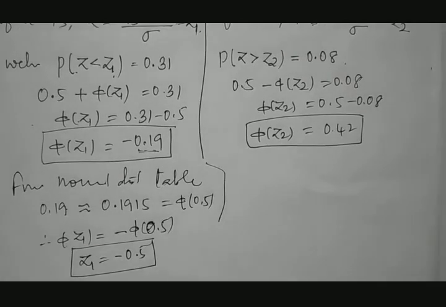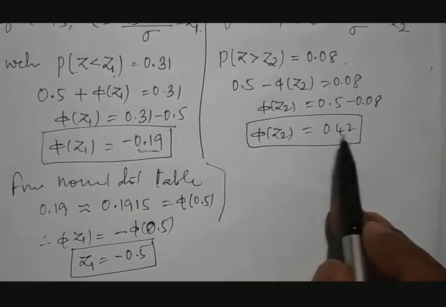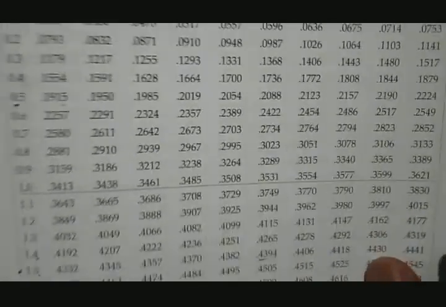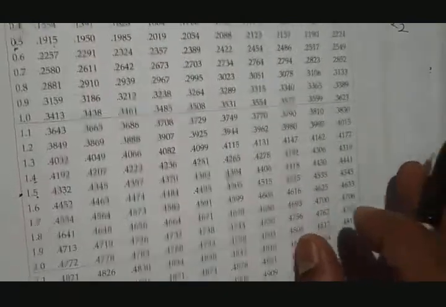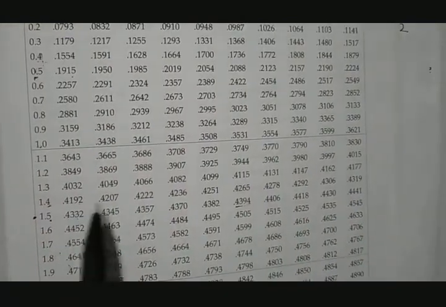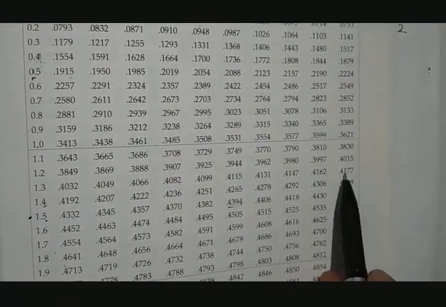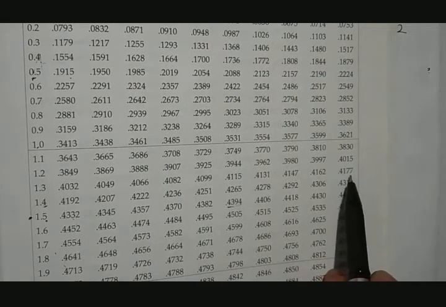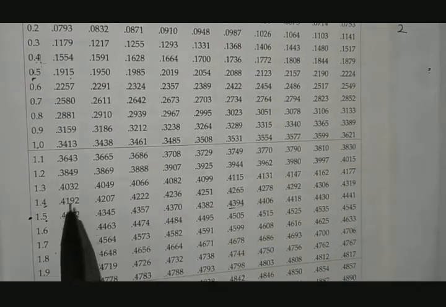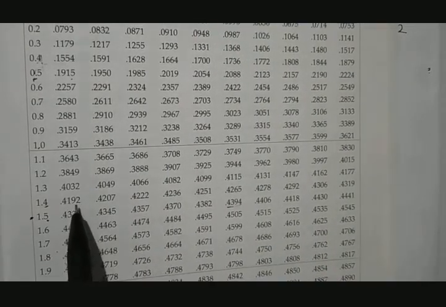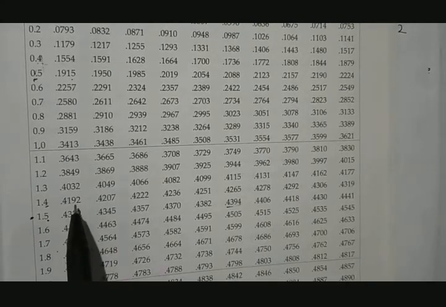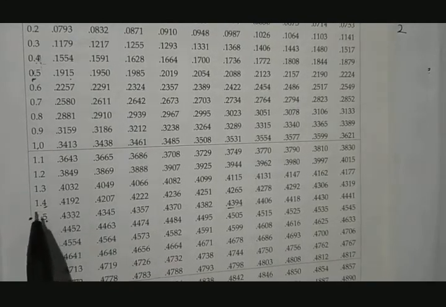Similarly, you can see pi of z2 is equal to 0.42. In the table, where will we get 0.42? 0.42 means it is 0.4177. There is a distance, you can see here. 0.4192 is very close to 0.42, so for this it is 1.4 and 0.